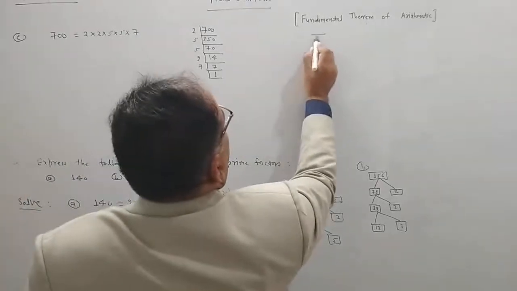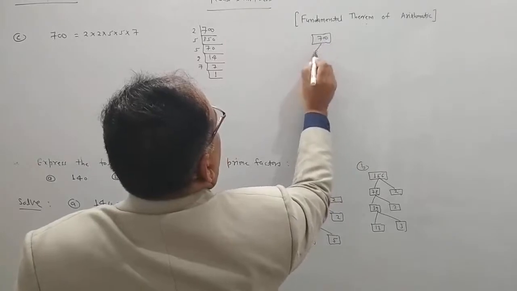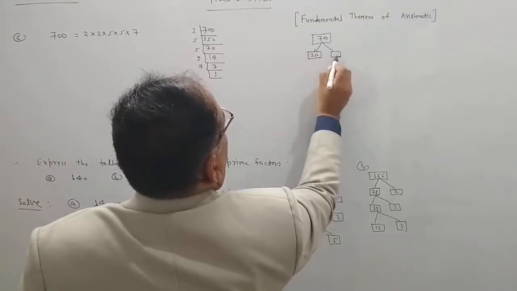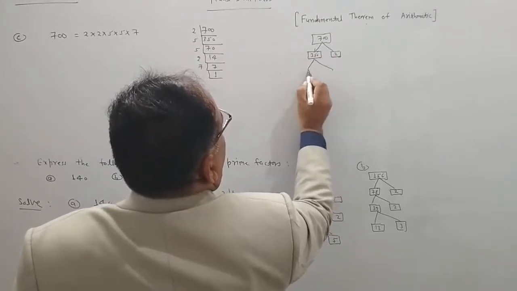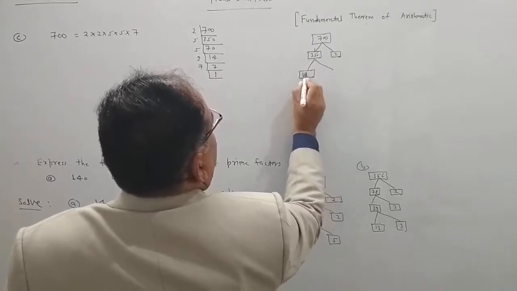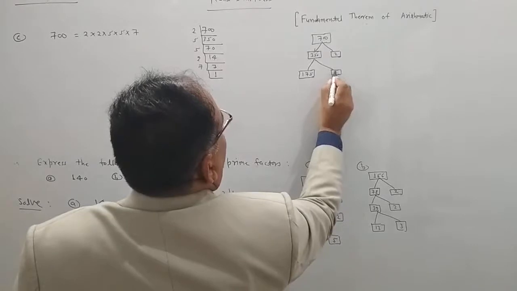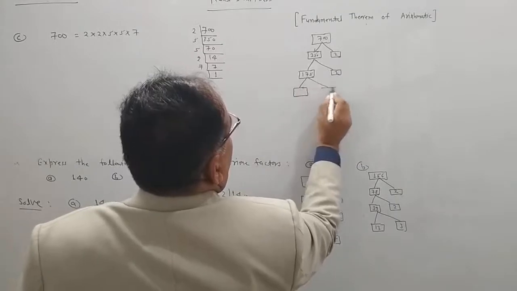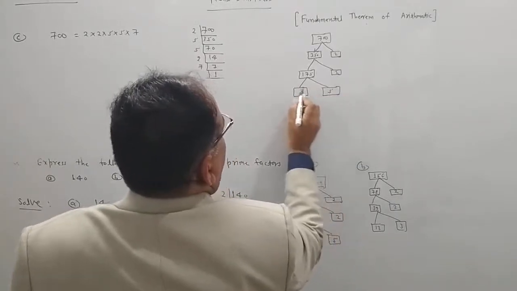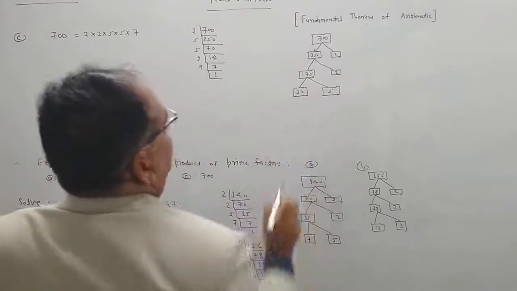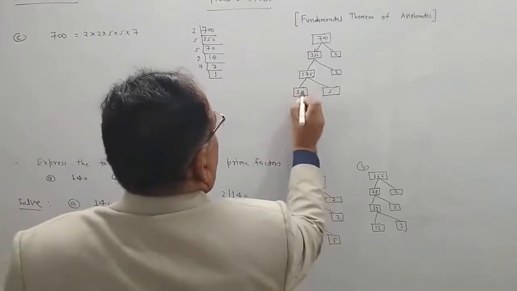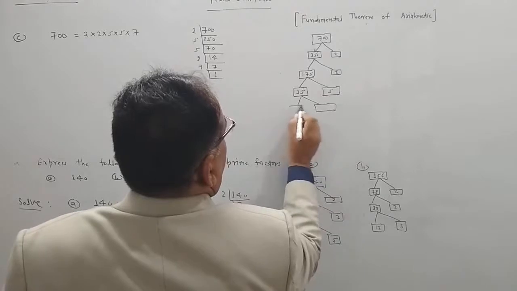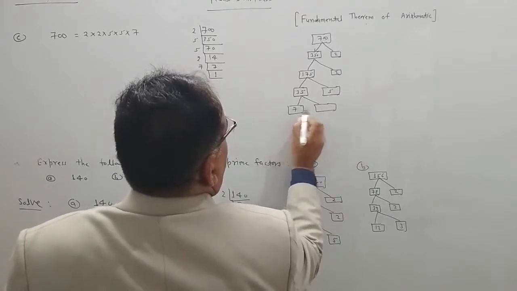By factor tree, 700 can be reduced to 350 and 2. 350 is again reduced to 175 into 2. 175 is again reduced: 5 times 35. 35 is again reduced to 7 and 5.